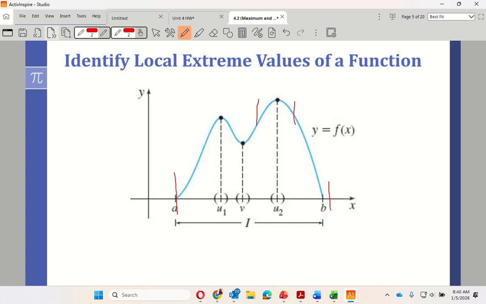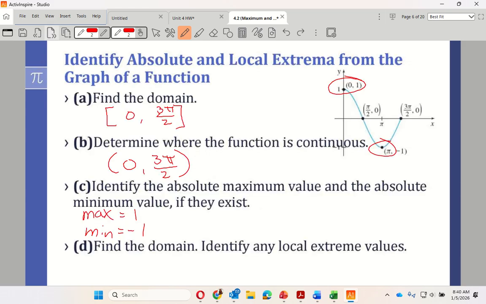But why can't the local be an endpoint? Because it has to be. So see right here? Local would refer to that it's from this side. So if this went down a little bit right here, this would be a local.